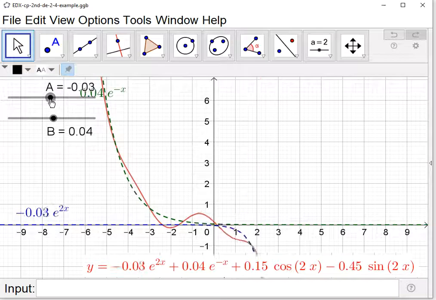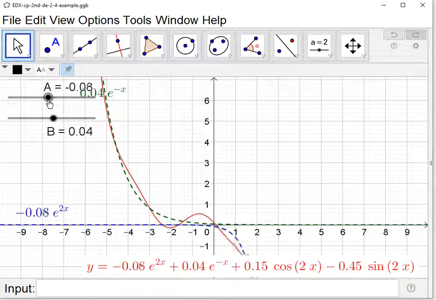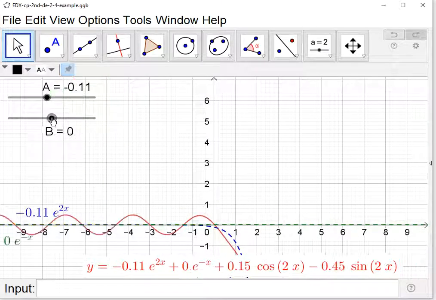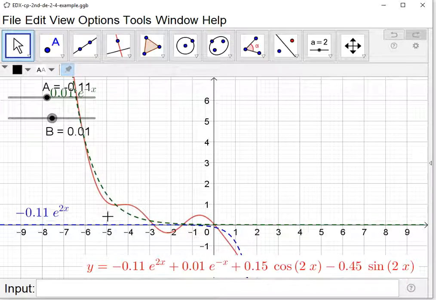If we just let a and b be very small, you might notice that it's starting to show glimpses of something that is oscillating here.